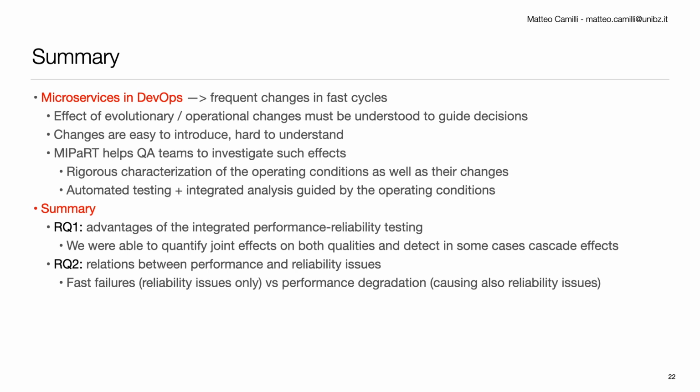Considering RQ2, we want to understand the relations between performance and reliability issues. And again, according to our experience, we are able to distinguish between fast failures, which are essentially pure reliability issues, versus performance degradation causing in turn reliability issues at scale.